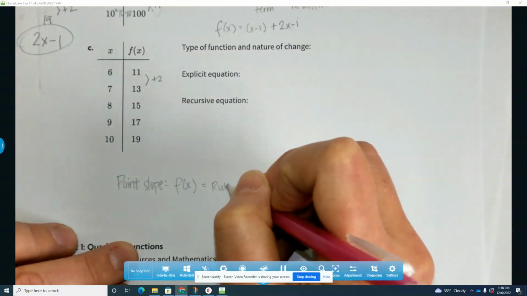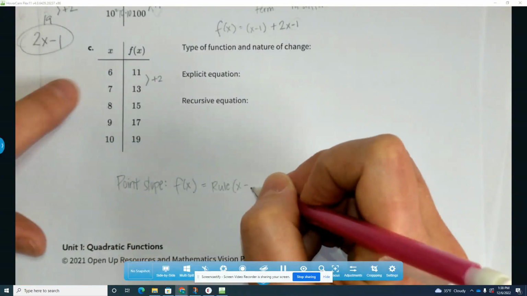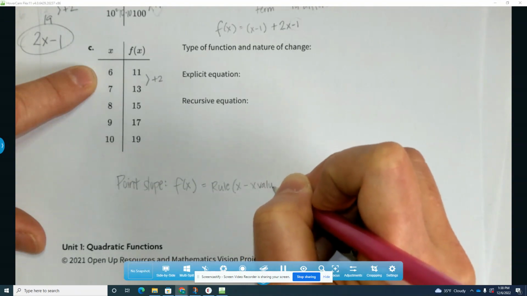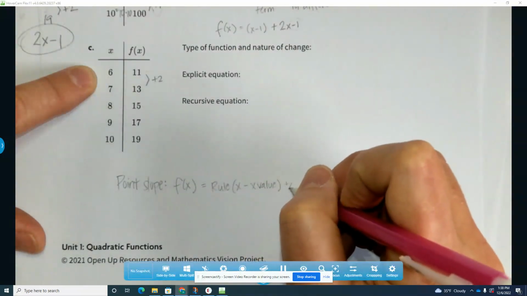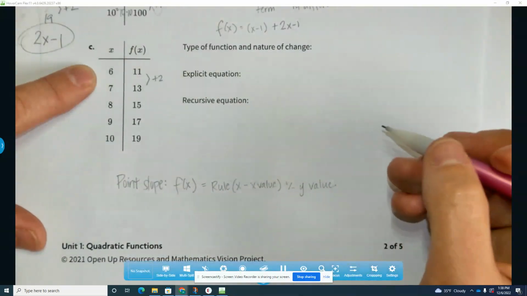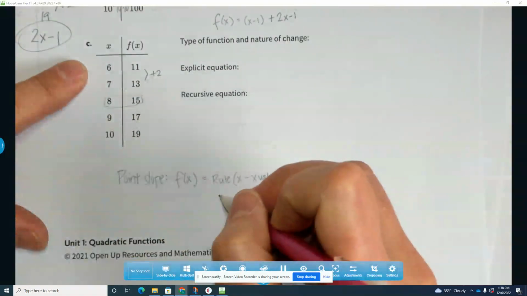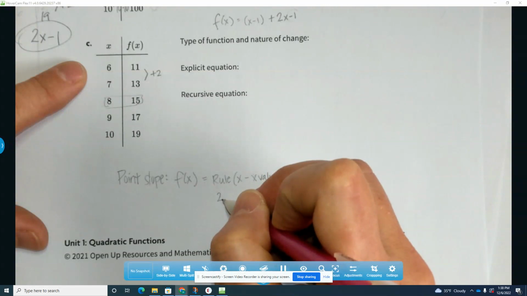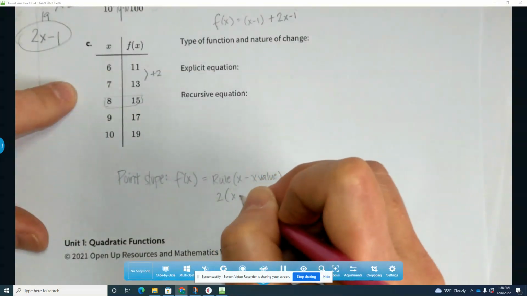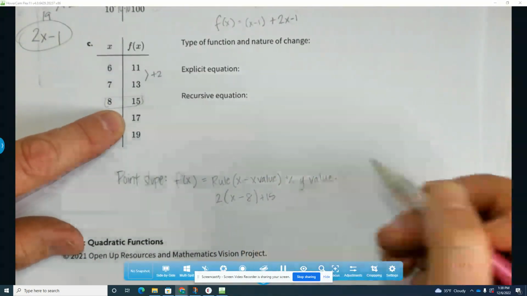So your rule will go here. You'll put an x, and then you'll list one of the x values, followed by its corresponding y value. So if I wanted to use 8 and 15, I'd see that the rule is 2, x, my x value is 8, its y value is 15.